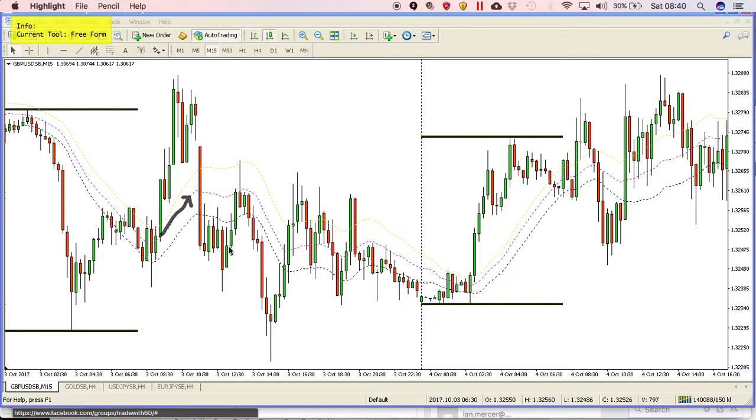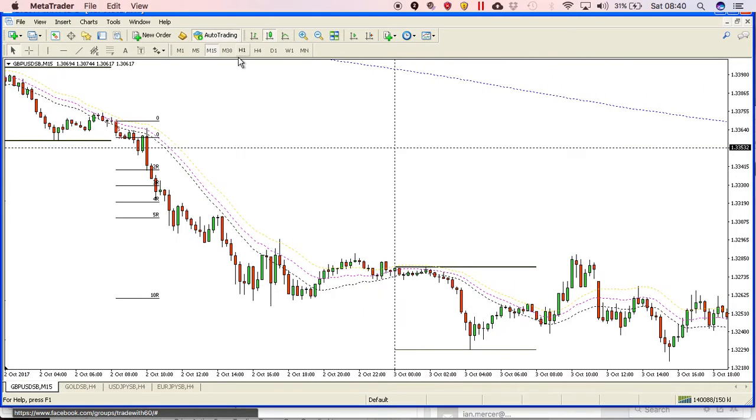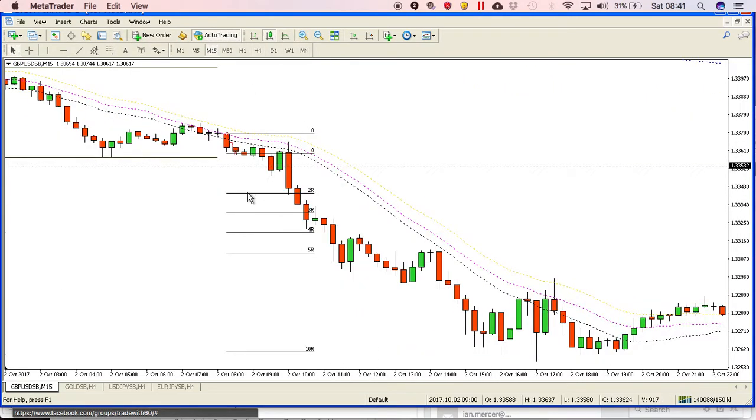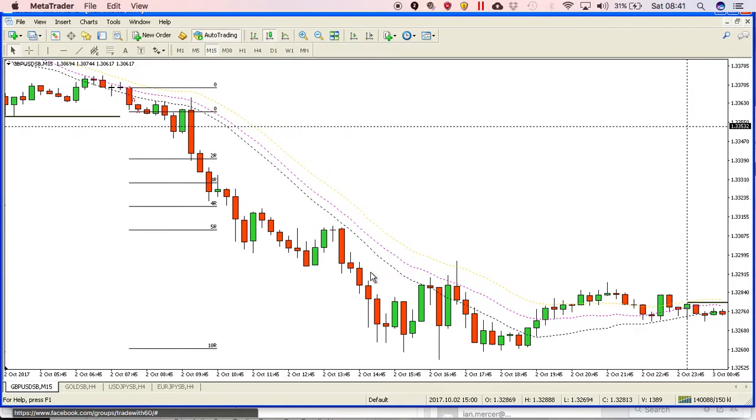So there wasn't quite enough entries, I felt, when the market was offering good trades. There wasn't quite enough entries happening so you don't get tempted into breaking the rules.